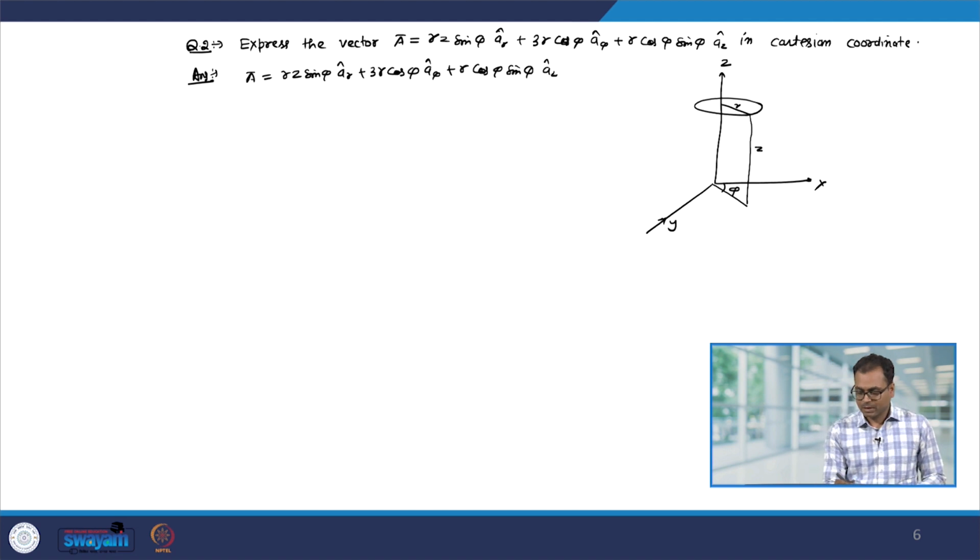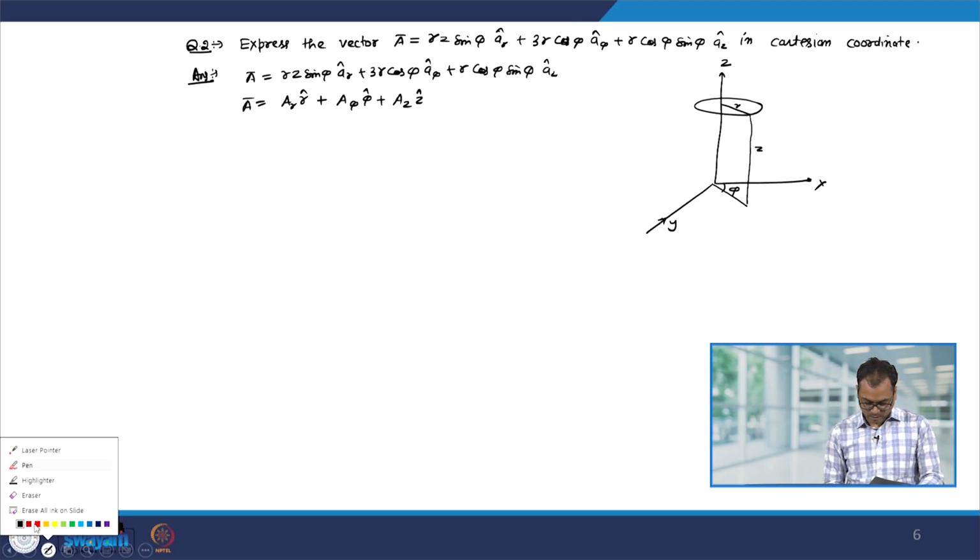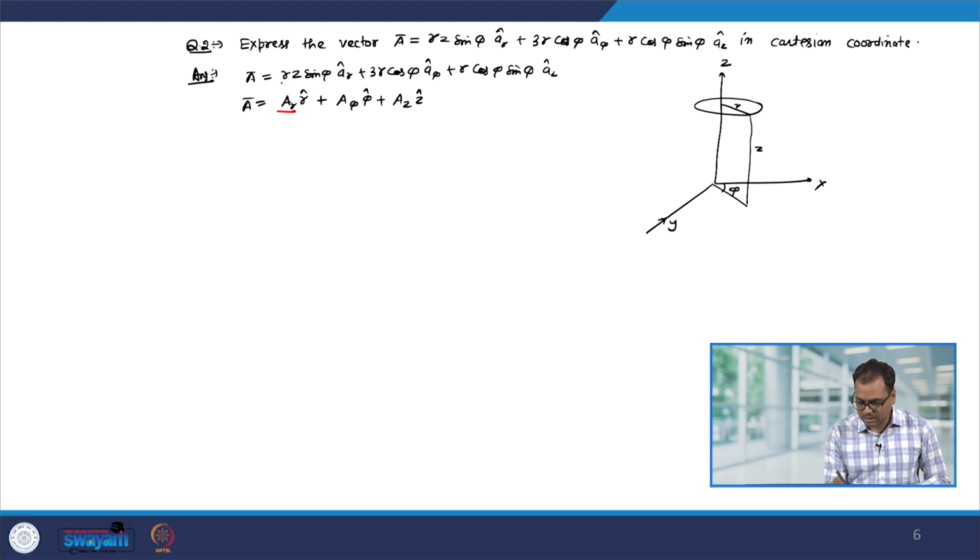Now, in general, as in cylindrical coordinate a vector A is written as A r r cap plus A phi phi cap plus A z z cap, where A r is rz sin phi, A phi here is 3r cos phi and A z is r cos phi sin phi. So, we know the value of r cap, phi cap and z cap in Cartesian coordinate.